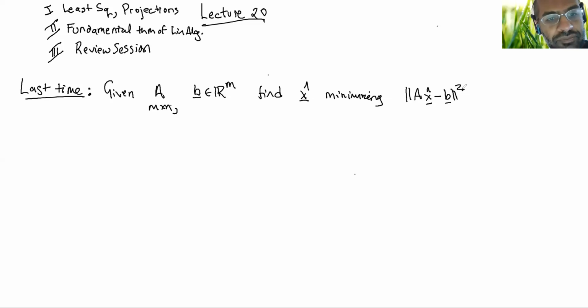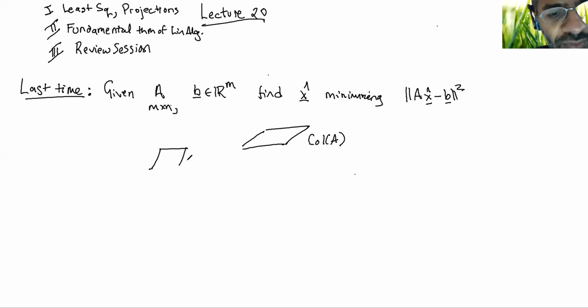And so the picture that goes with this is something like this. There's the column space of A, and then there's Rn, which is being mapped into the column space of A by A. And this column space of A is contained in Rm.